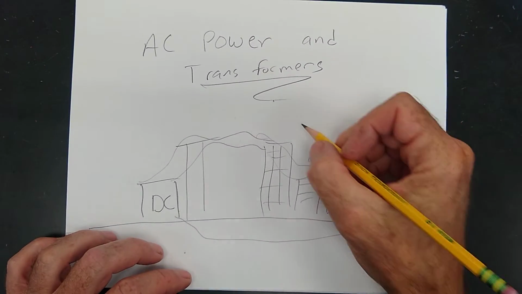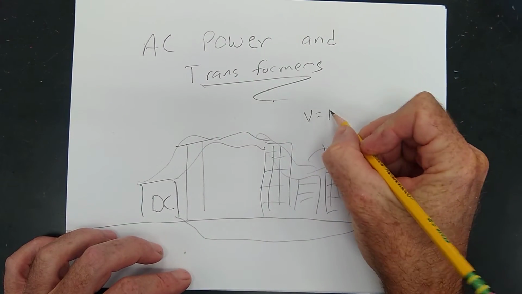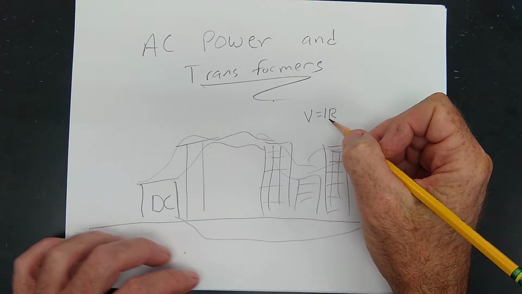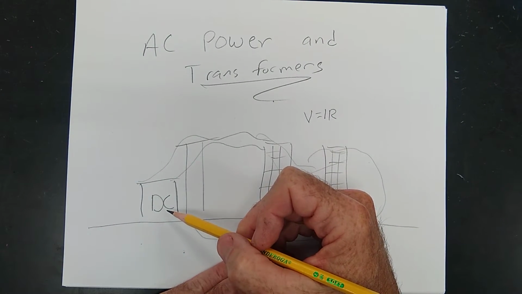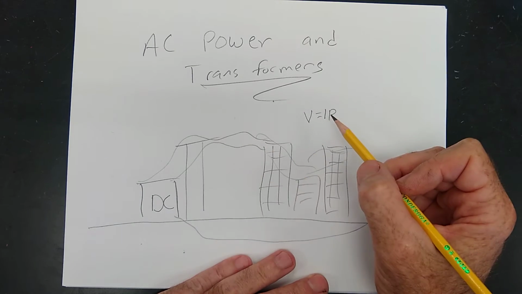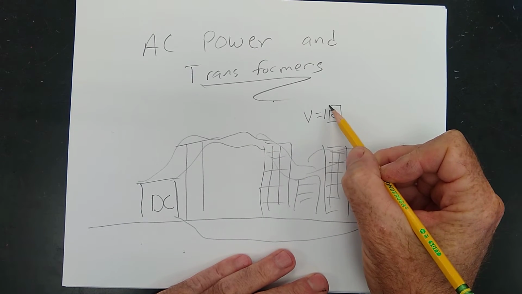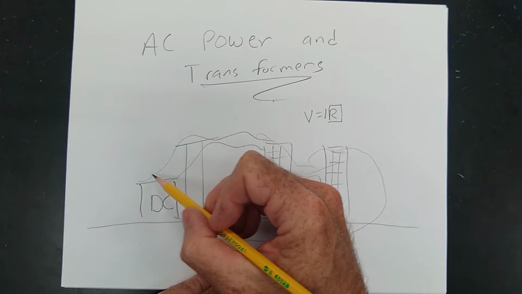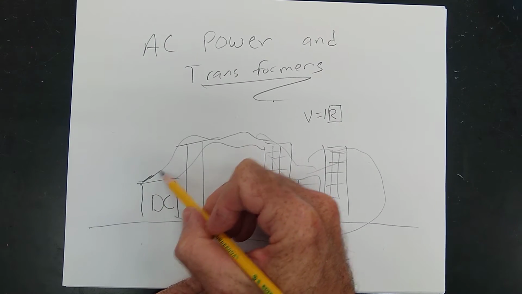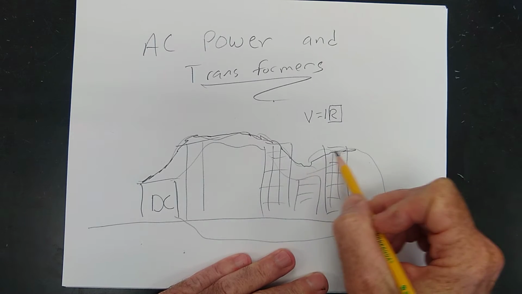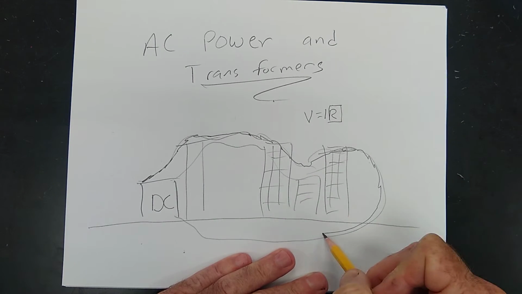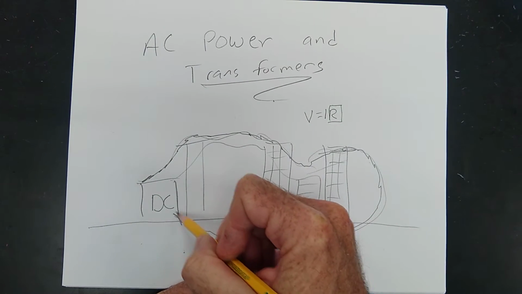Now, we know that V equals IR, and that's Ohm's law. Well, DC power plants had a real problem, and that problem was resistance. Because electrons had to actually leave the power plant and travel all the way through the buildings and travel all the way back.